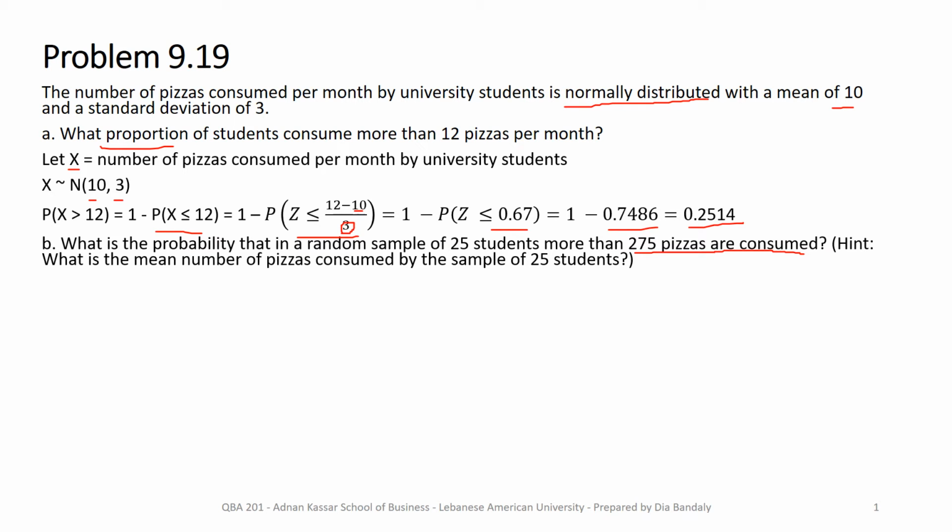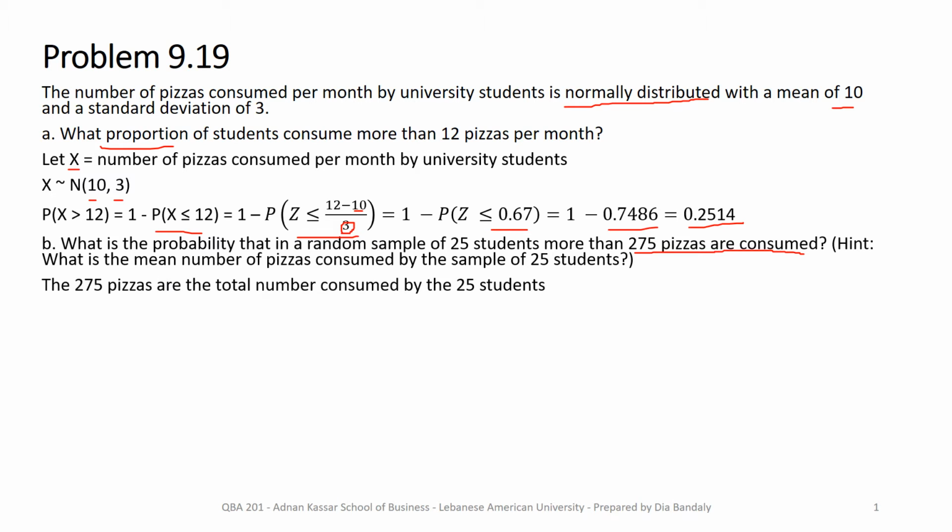We know the variable X, the number of pizzas consumed by one student, and we can define an X bar, which is the average of pizzas consumed by a certain number of students, but not their total.